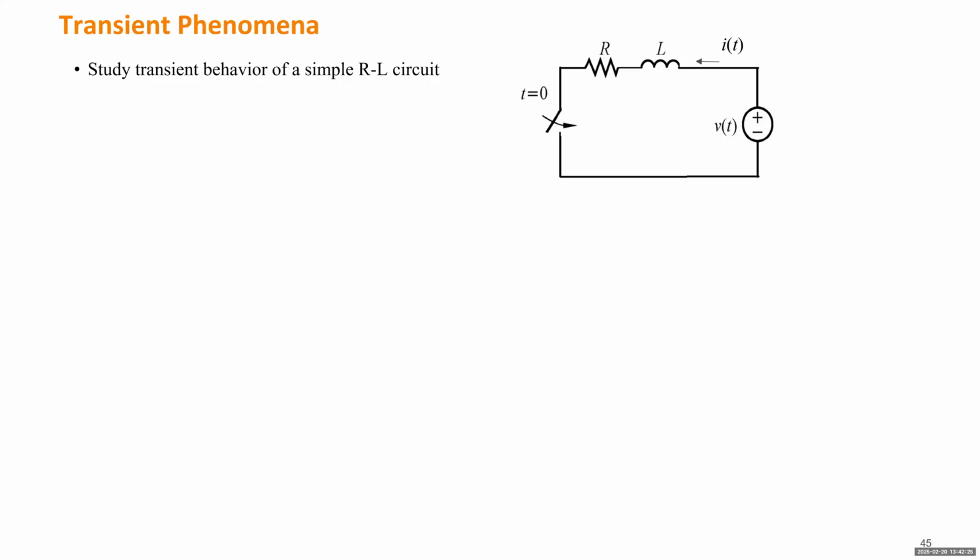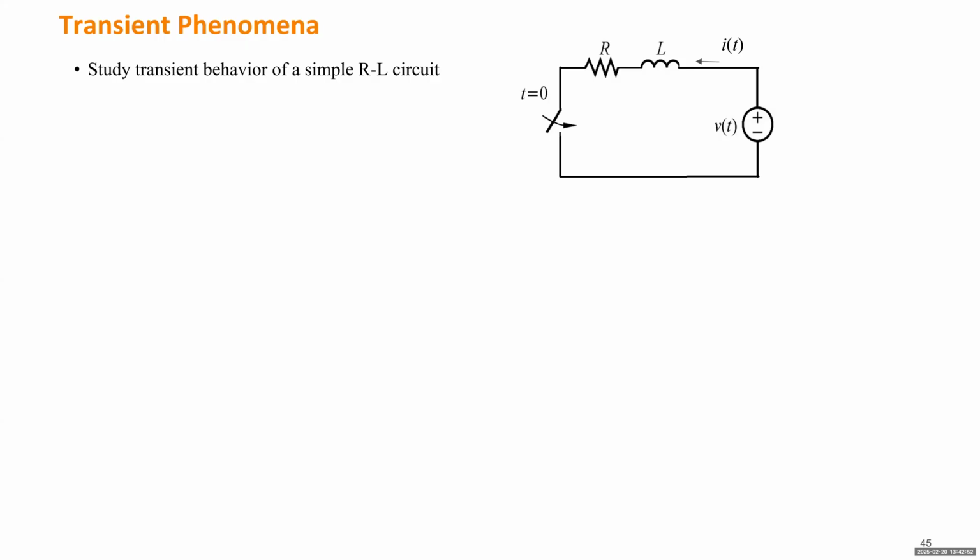At the beginning, the current going through the R and L will be 0. But once you close the switch, the current will gradually go up, and the voltage will also change. So there will be some dynamic which only happens for a limited time. But after you simulate long enough, that dynamic will be gone.